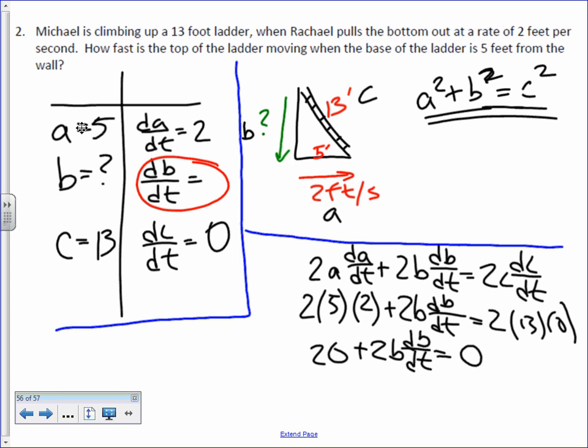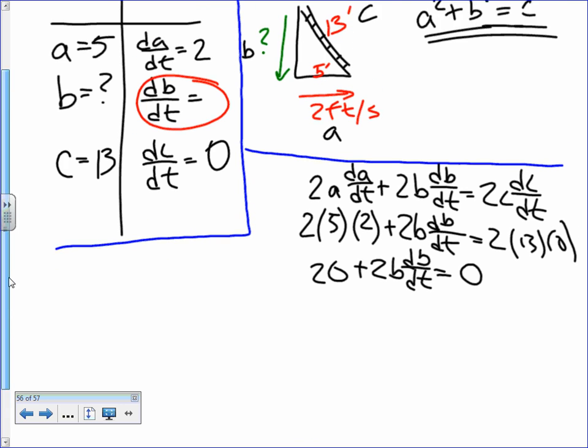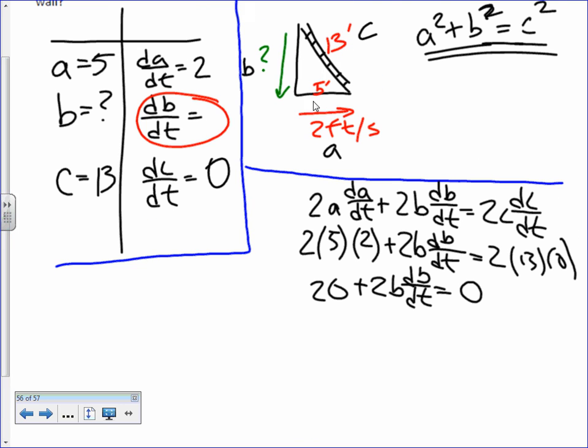Look right here. We have A, we have C. Is there any way we can use A and C to get a value for B? Yes, we can plug them right into our Pythagorean theorem. If we know the length of the base is 5, and we know the length of the hypotenuse is 13, we can find the length of this other leg since this creates a right triangle.